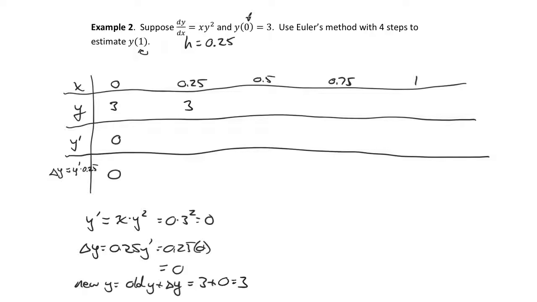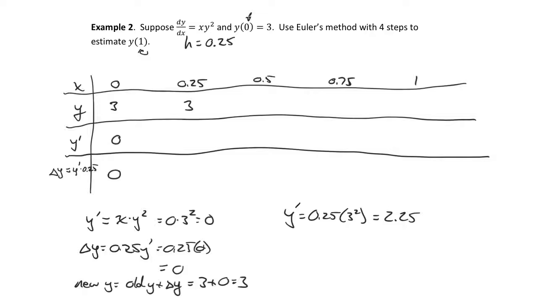Okay, now it's about to get a little bit more exciting. So let's figure out what y prime is here. y prime will be x times y squared. x, in our case, is 0.25. y squared is 3 squared. y is 3 still. 9 times 1/4 is 9/4, which is 2.25.